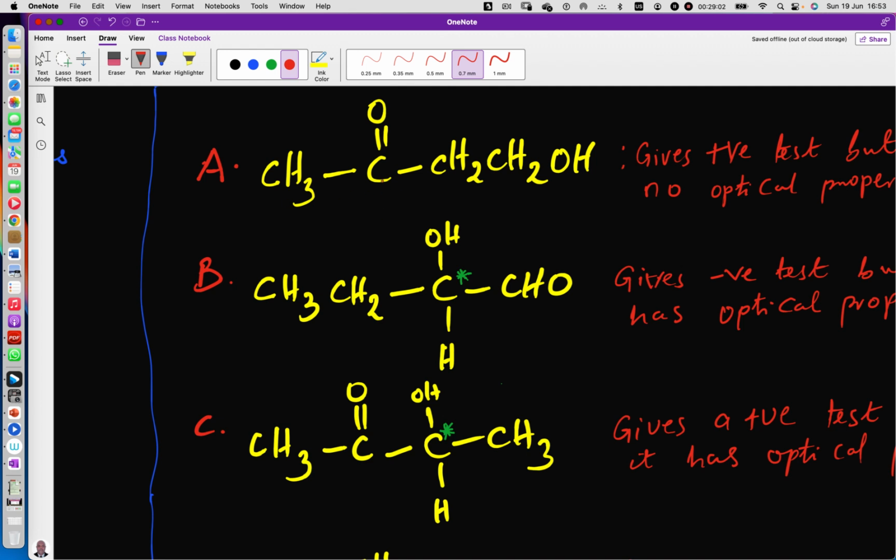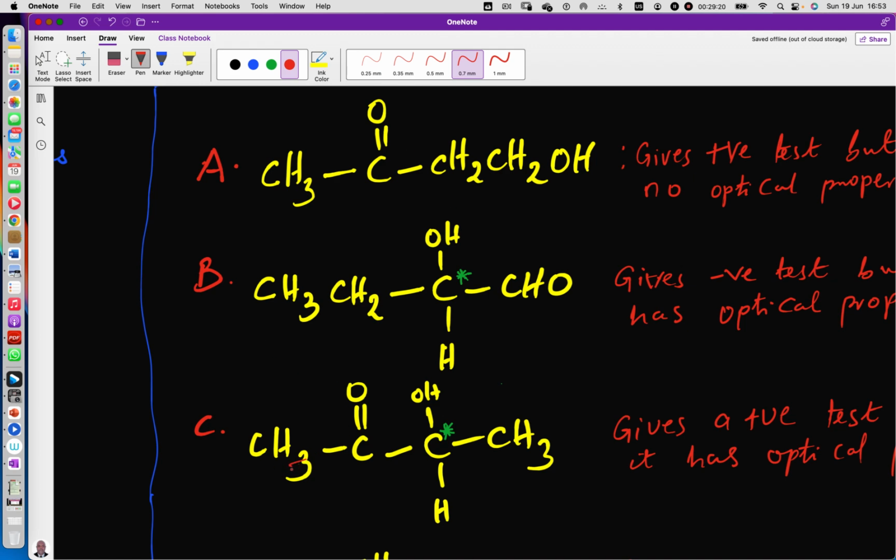And the functional group here is the keto group. This one cannot go because this is an ethyl group. This is not a methyl group. This one cannot go. This one can go.